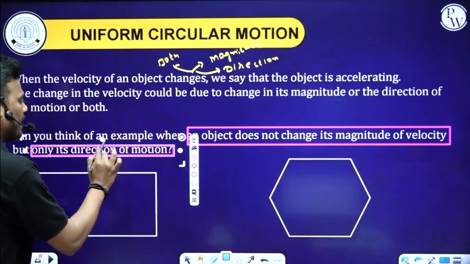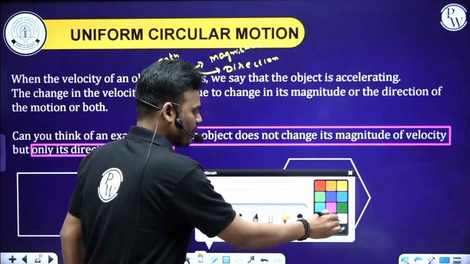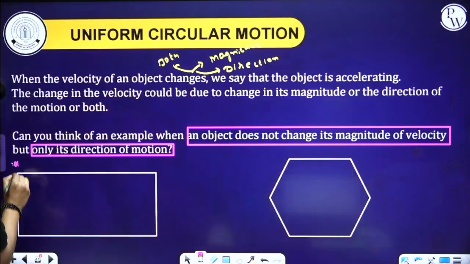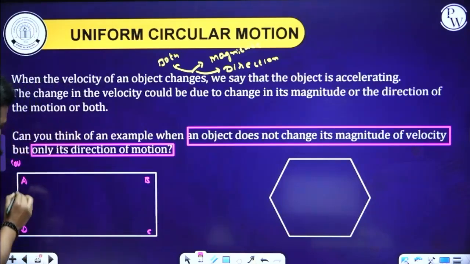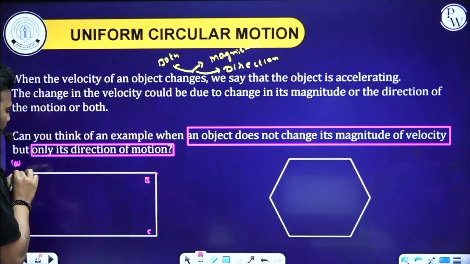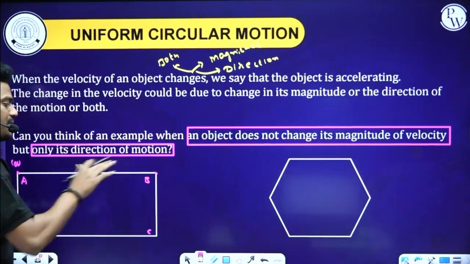Let's try to analyze the given examples. First, case A. Let's consider A, B, C and D. Let's start from A to B. The body is traveling from A to B, the direction will be this side, that is towards east.